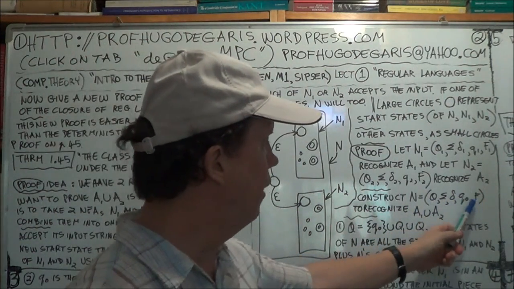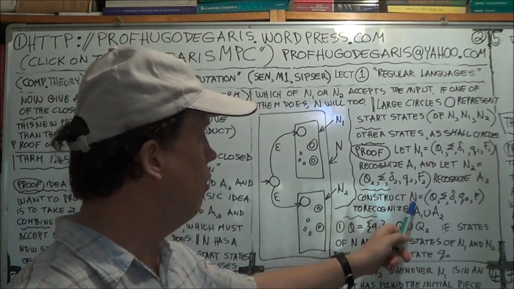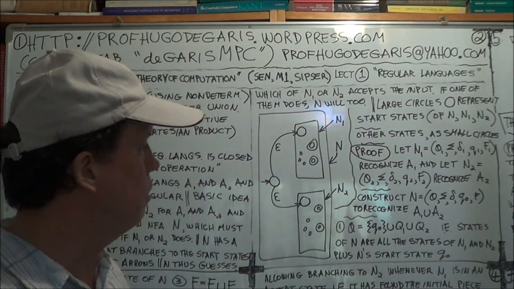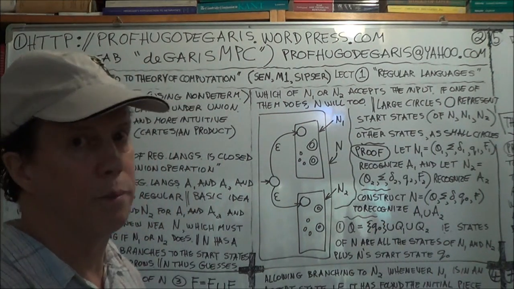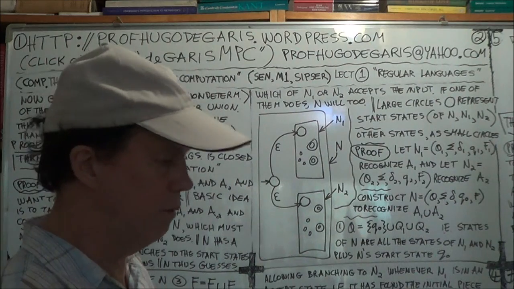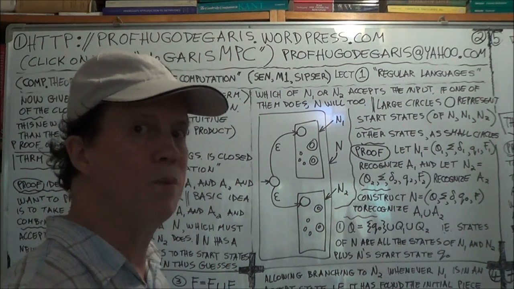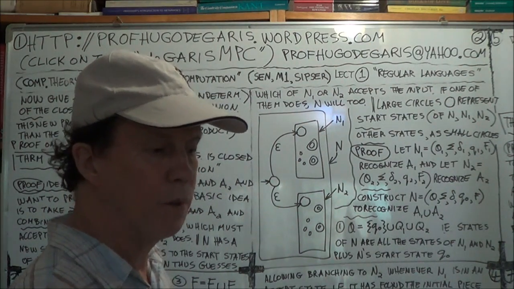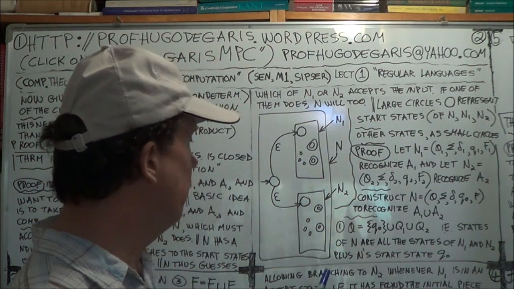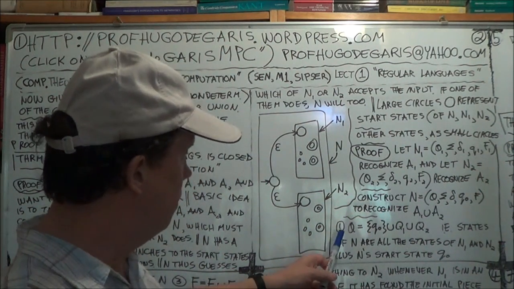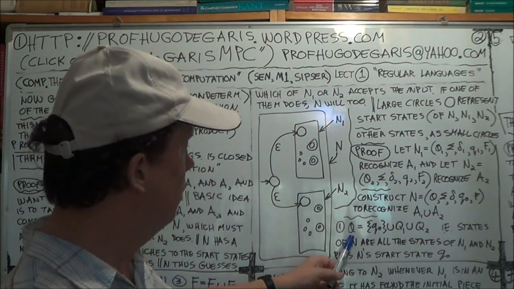Right, so let's now actually construct these elements, this 5-tuple. So if we could, let's find the formal definition of this machine, this finite automaton N. It'll be an NFA, because we're using non-deterministic computation, right? Okay, so let's do it step by step. So 1, what's Q?